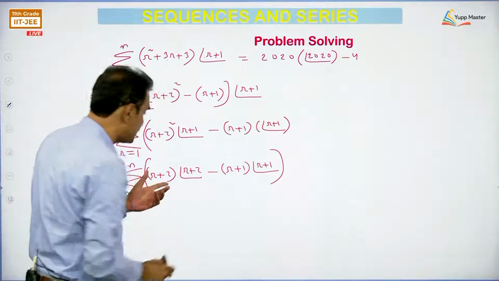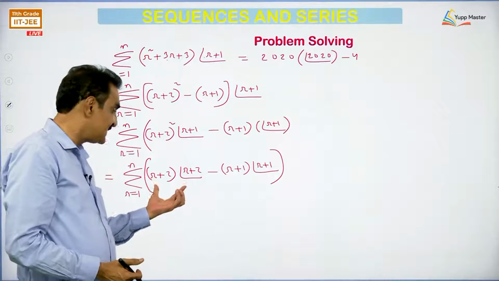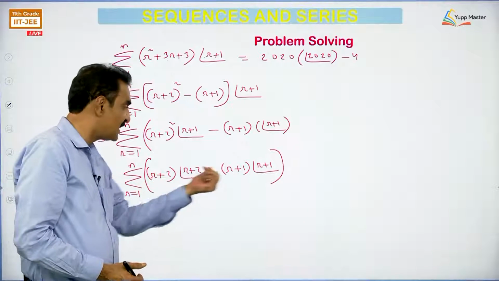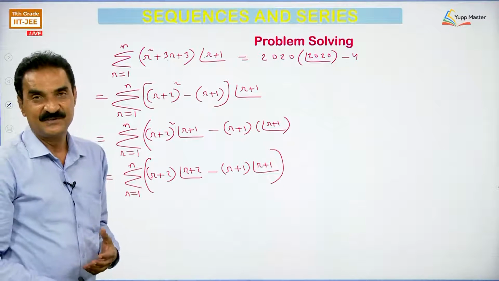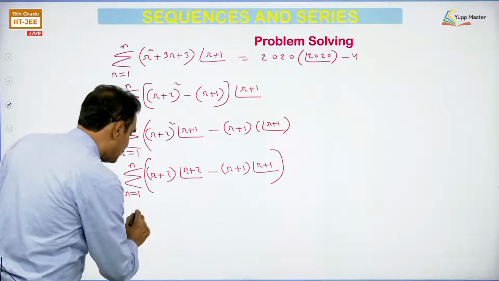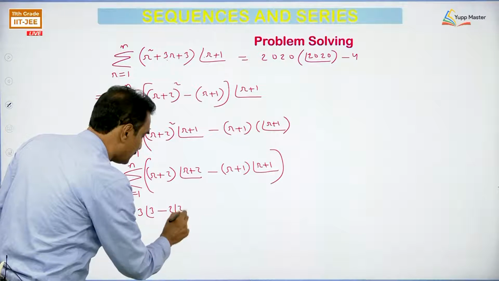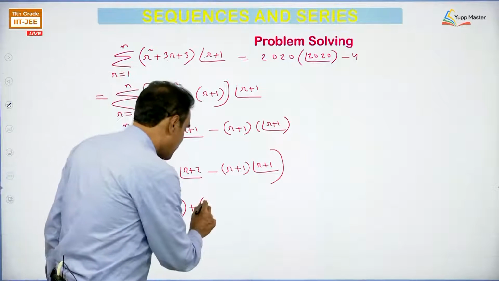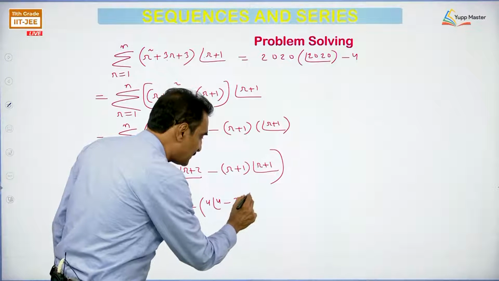Now, if you observe, this is exactly in the form of u r minus 1. If you assume that this is u r, this will be u r minus 1. Replacing r by r minus 1 here, you are getting this. Now, we can expand the telescoping series. Putting r is equal to 1, what is the value? 3 into 3 factorial minus 2 into 2 factorial, first term, plus putting r is equal to 2, this becomes 4 into 4 factorial minus 3 into 3 factorial.